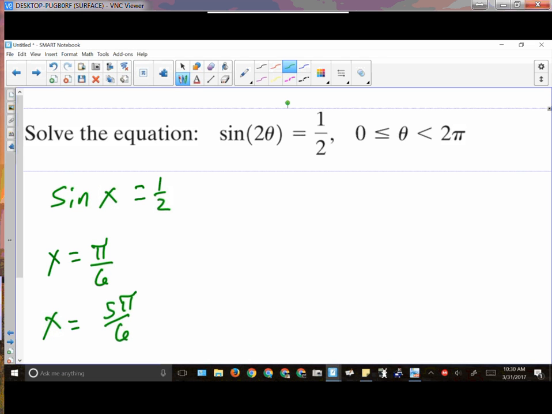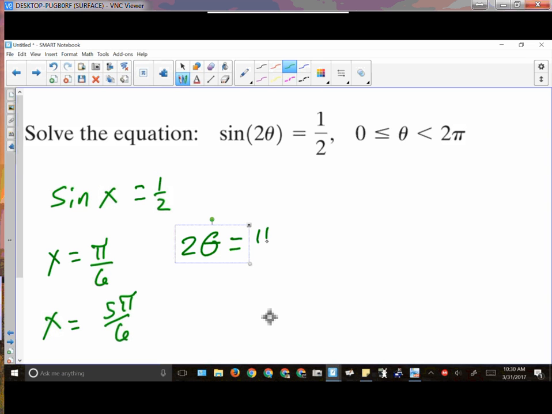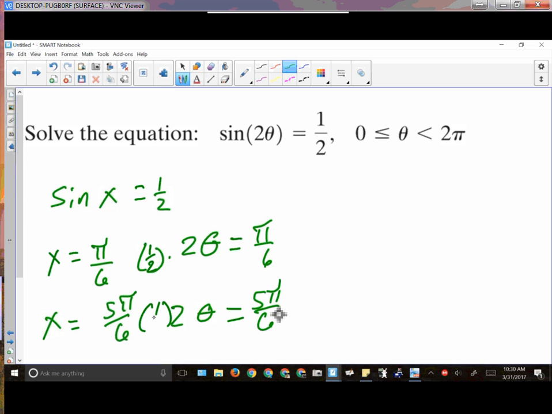So now I want to know where 2 theta is equal to pi over 6. I want to know where 2 theta is equal to 5 pi over 6. Well, in order to do this, we would have to divide or multiply both sides by the reciprocal of 1 over 2, correct? This would get multiplied by 1 over 2.